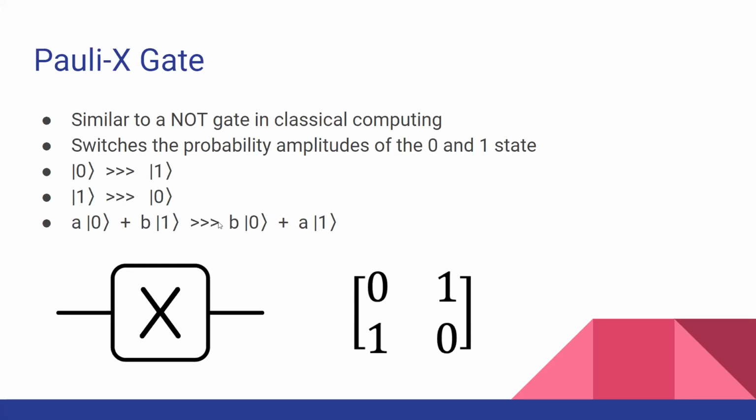Now remember that we can represent any qubit like this as a vector. In this case, this would be the vector (A, B). What we can do is apply that vector to this matrix over here, which is the matrix that represents the Pauli-X gate.